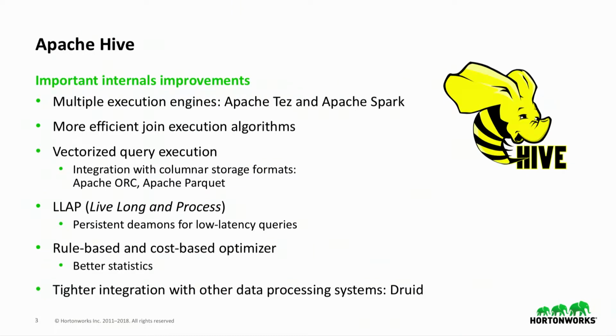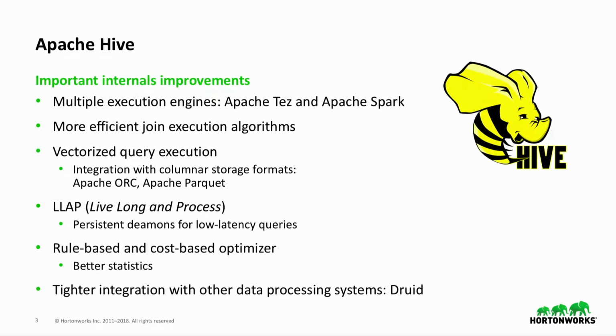Now, during this period, there have been a lot of internal improvements. We moved away from MapReduce, and now there is support for multiple execution engines such as Tez or Spark. There has been a lot of work in implementing more efficient join execution algorithms for Hive.